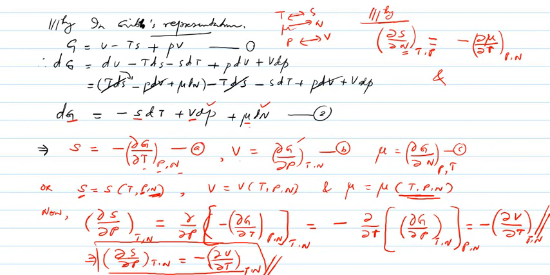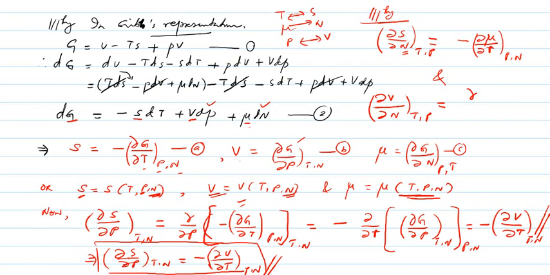Similarly, one more thing I'm going to write, involving the chemical potential: ∂V with respect to ∂N, keeping T and P constant.